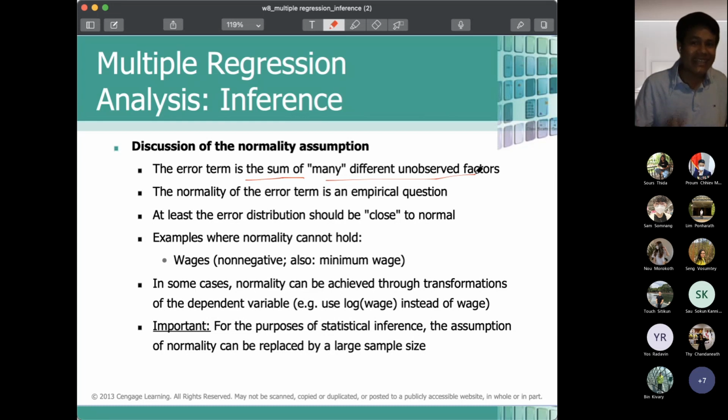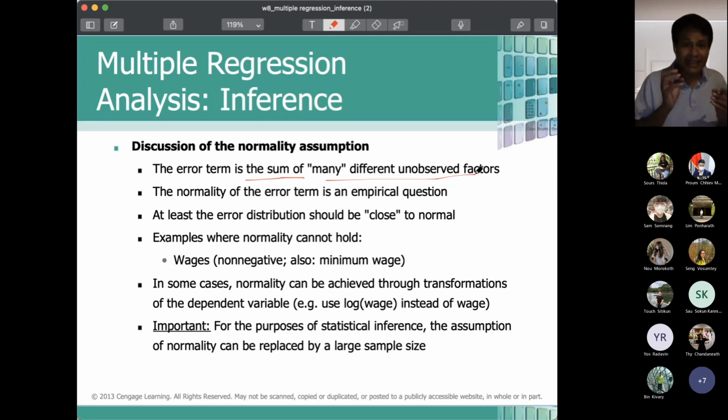It's the sum of many different unobserved independent variables. All the independent variables that you do not include in the model are all in the error term.